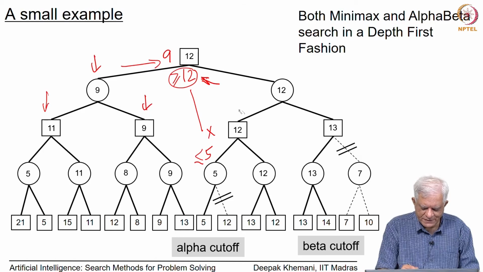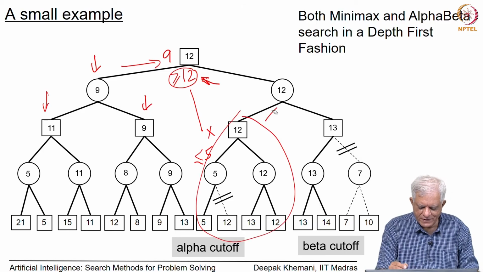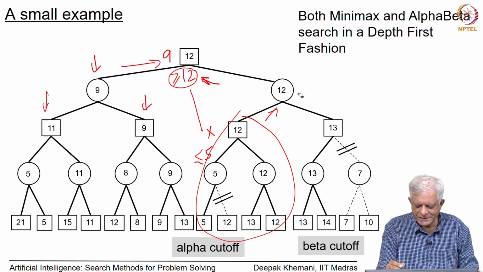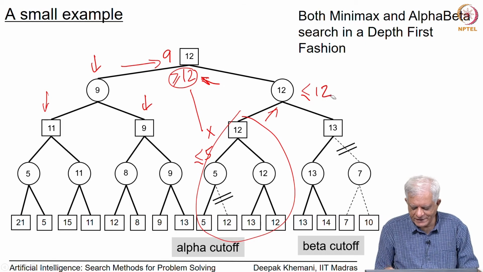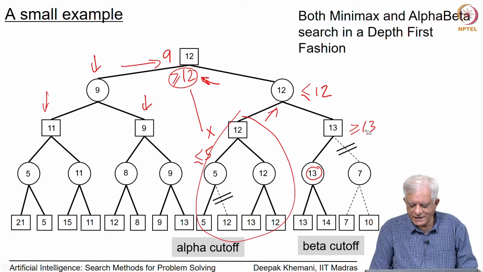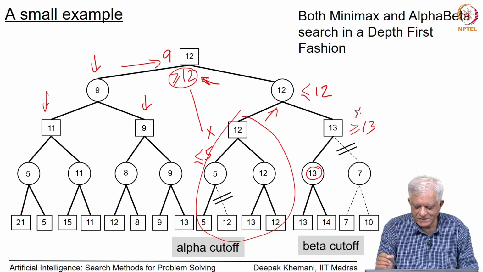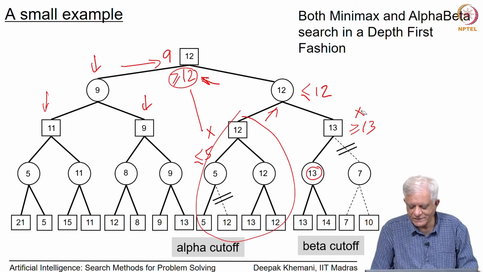So, when this part of the subtree is explored, we know that this value is 12, and beta starts looking below this. Remember that this is a beta node, so this is going to be less than or equal to 12, and this node has evaluated to 13, and so this alpha says I am going to be greater than or equal to 13, and again the beta node says that there is no need to proceed any further.